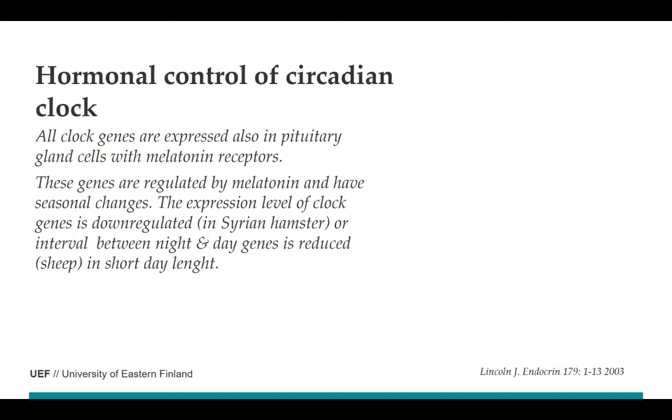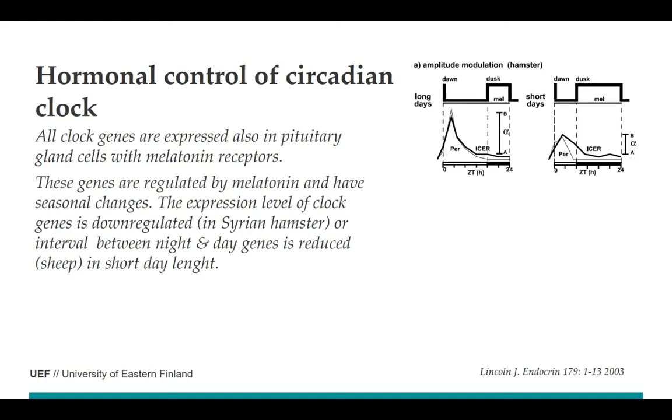The expression level of these clock genes is changed. So in the hamster, the PER genes are upregulated at dawn, but at dusk it's lower, and it depends on whether they are in long days or short days.